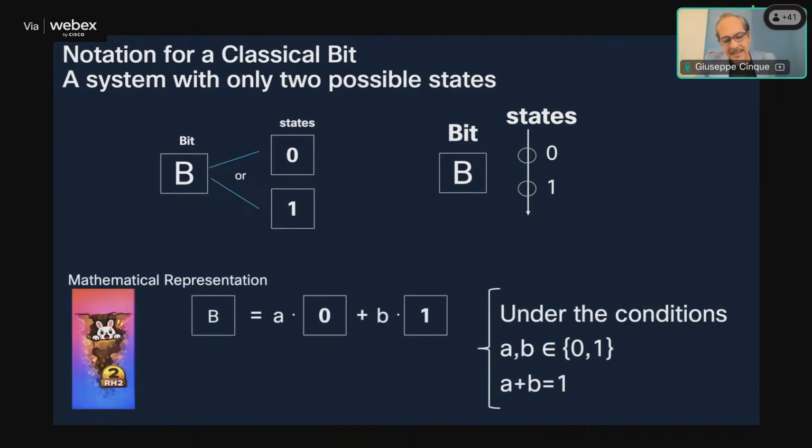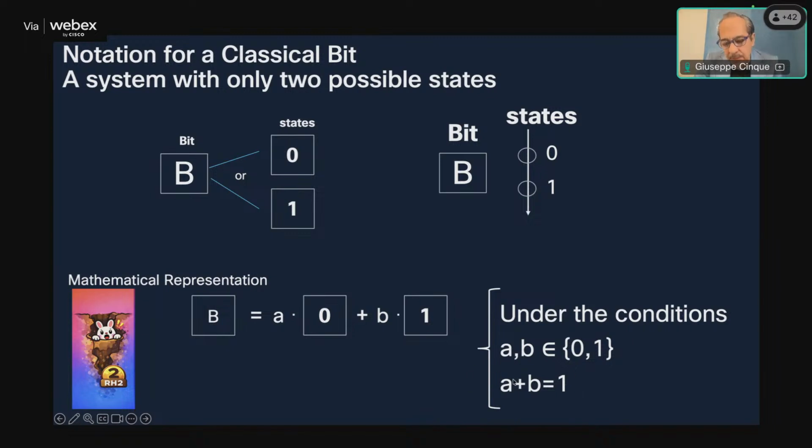One mathematical trick that, again, it's nice to have: we could even represent a bit using this convention. Just food for thought. What is the state of a bit? It is a coefficient a multiplied by 0 plus b multiplied by 1, under the condition that a and b can only be 0 or 1, and the sum of a plus b must be 1.